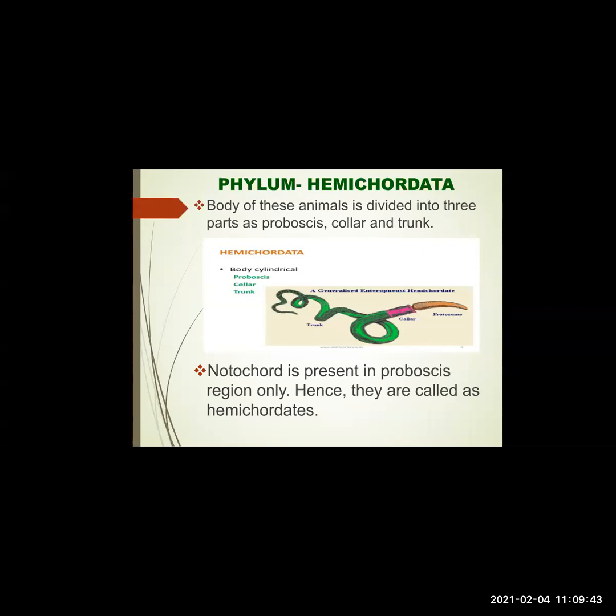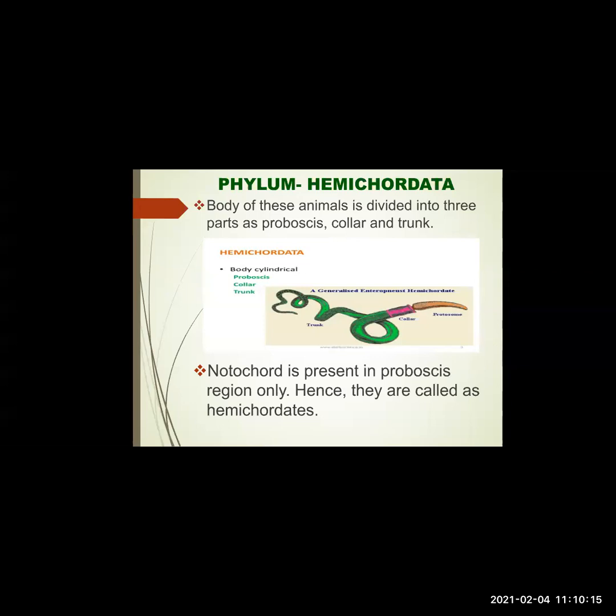From the picture you can see the three parts: proboscis, collar, and trunk. Proboscis, this part is proboscis, then followed by collar, and the last one, the longer one, is trunk. And the body shape is cylindrical.